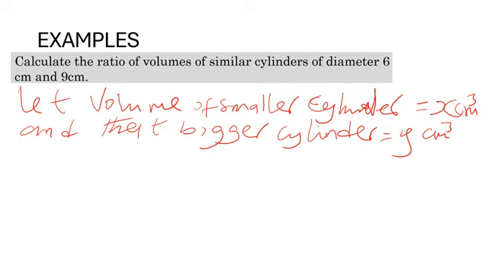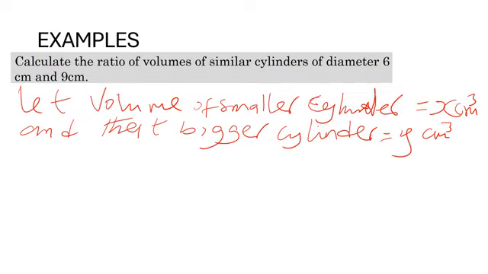Now, the question is to calculate the ratio of volumes of similar cylinders. The ratio of volumes is the same as the volume scale factor. So we can just use what we have shown.